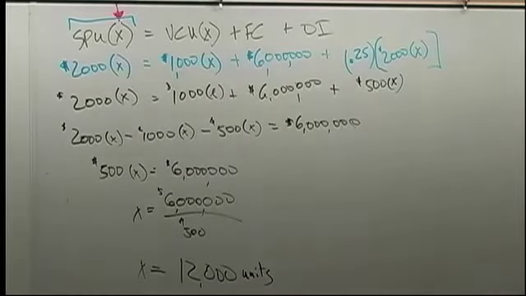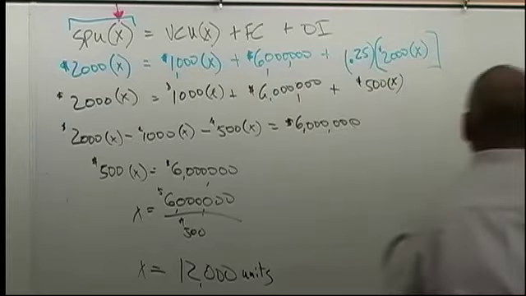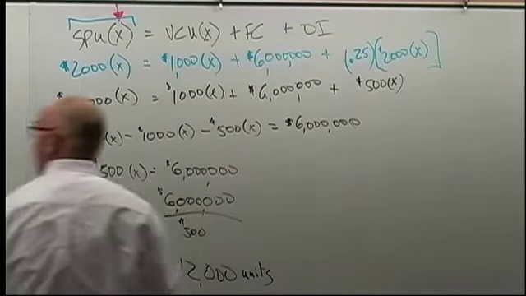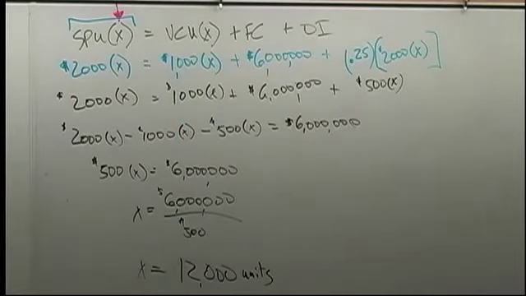Can we use both those formulas for the percentage one? Yes. We just haven't finished, because this one gave us break even in units. This one's going to give us break even in dollars, and we just haven't done it yet.